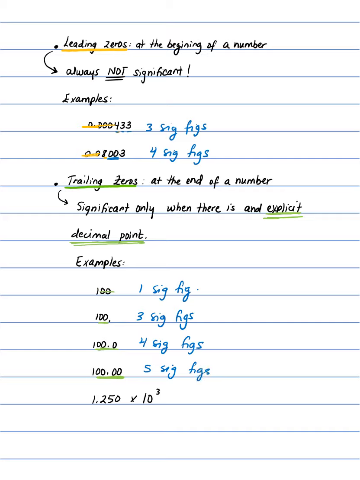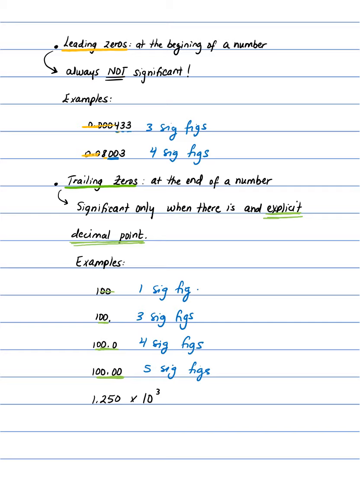And the last example that you have for trailing zeros, 1.250 times 10 to the third. Remember, when you're counting significant digits or significant figures, the exponential part in scientific notation, we don't use that part. We're looking at significant figures on the decimal part of your scientific notation. So we're looking just at the 1.250.